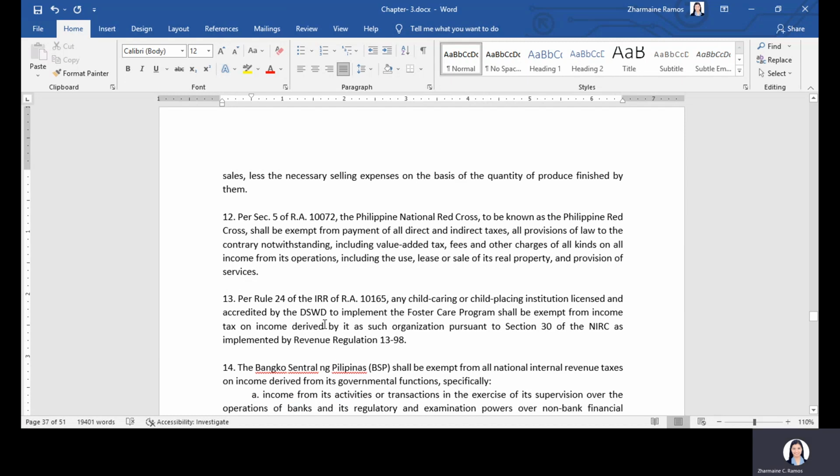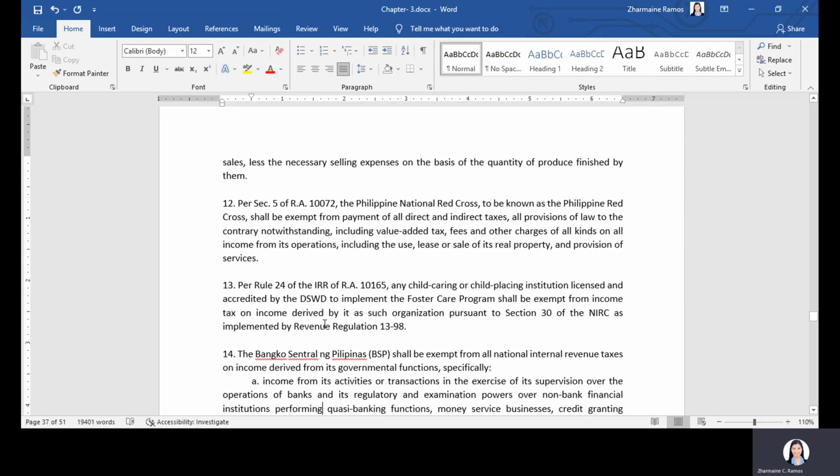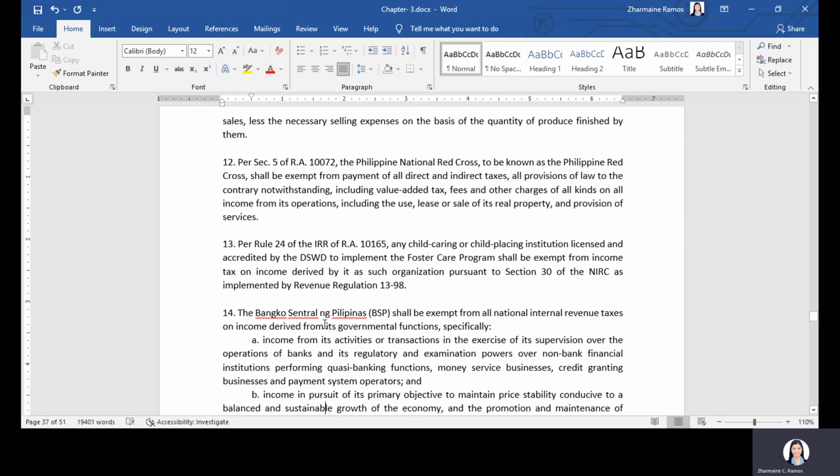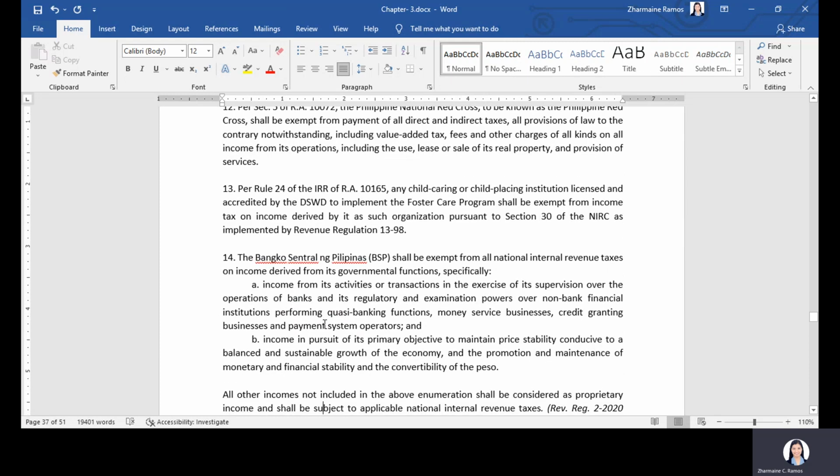Income derived by it as such organization pursuant to Section 30 of the NIRC as implemented by Revenue Regulation 13-98. And sino pang tax exempt? Siyempre yung Bangko Sentral ng Pilipinas.